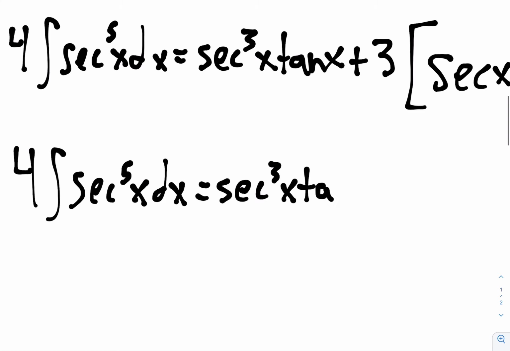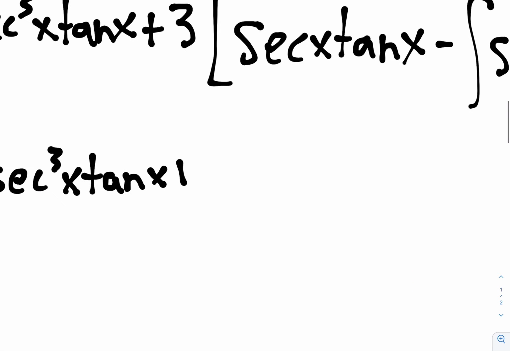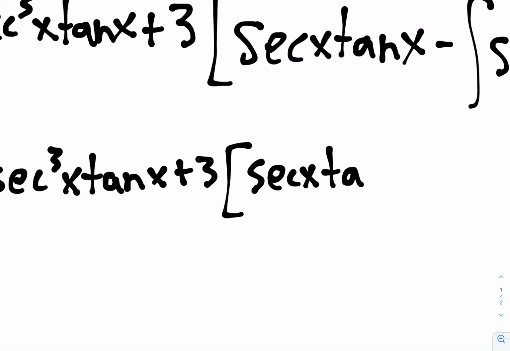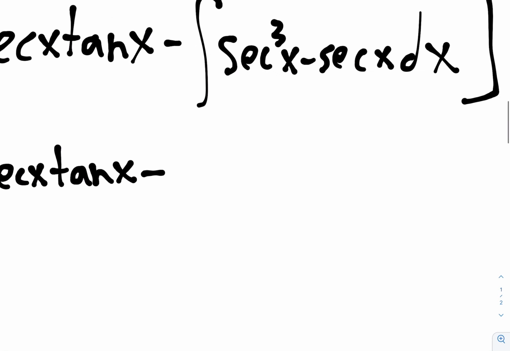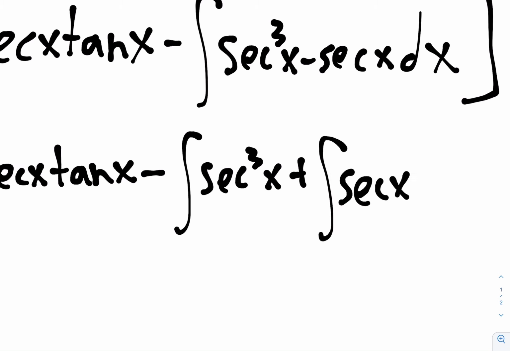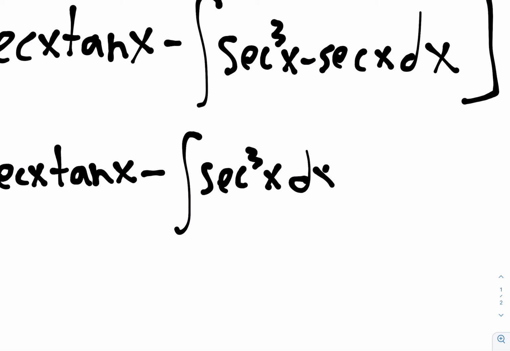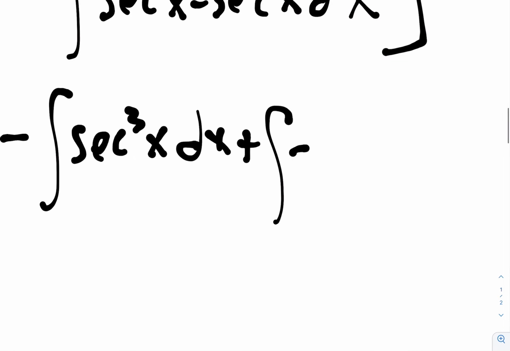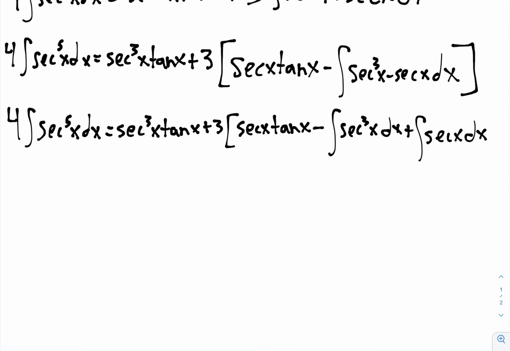Like I said, a lot of this is just translating what we did before down. So secant tan minus the integral of the first part, right? And since this minus and minus is there, we can say that we're adding the integral of the second part. Oh, actually, I forgot my dx. So we got the dx there, plus integral secant x dx. Okay, we're moving along, all right?